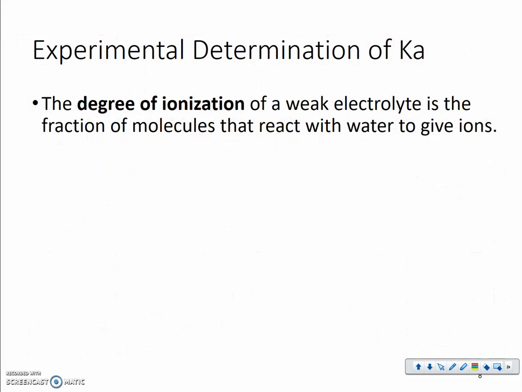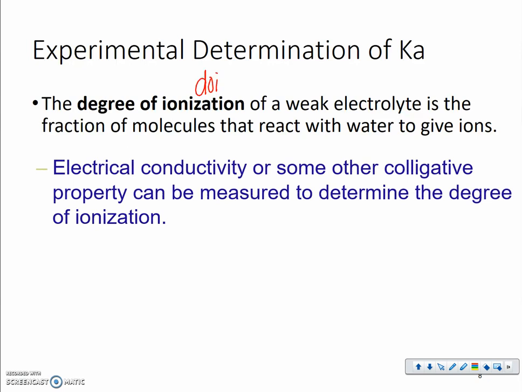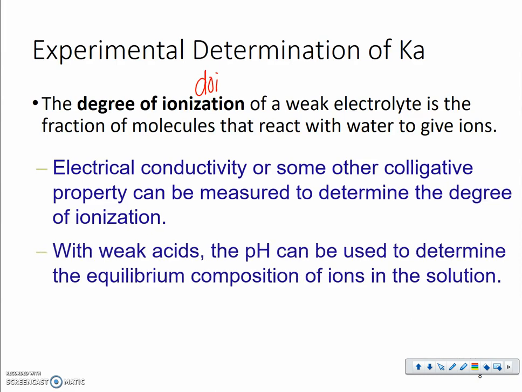For any electrolyte, we can measure something called the degree of ionization, which is how many of the molecules ionize in water. So I abbreviate degree of ionization as DOI. So we can measure the degree of ionization in a couple of ways. Ions produce an electric current, so we can measure it using electrical conductivity. pH can also be used to measure, since pH measures how many ions are present in your solution.